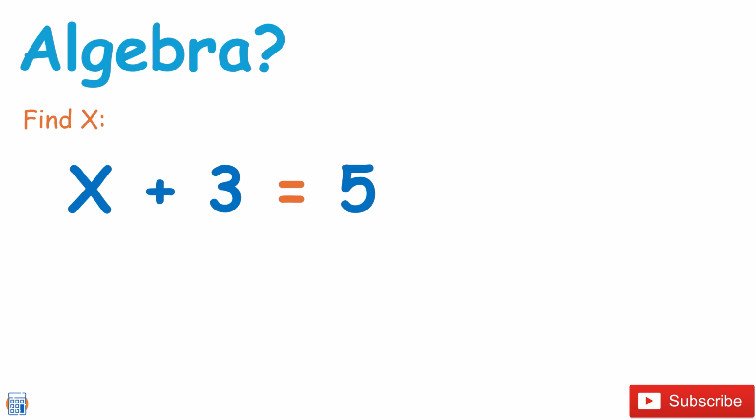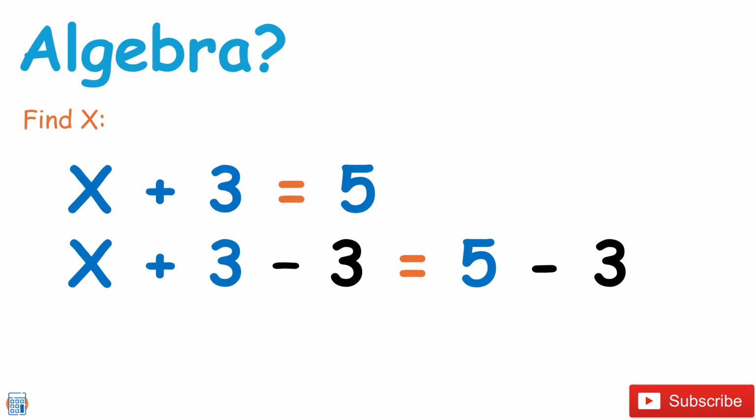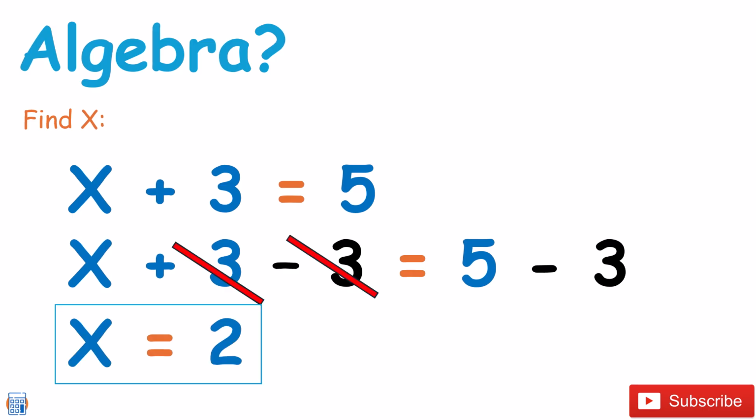Whatever you do on one side, you do to the other. So to get x on its own, you take away 3. So x plus 3 minus 3, took it away from there, and then 5 take away 3. Then if you cancel that one out with that one, and solve it down, you get x is equal to 2. So it basically just helps you solve equations.